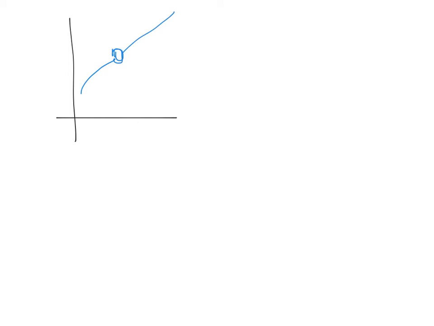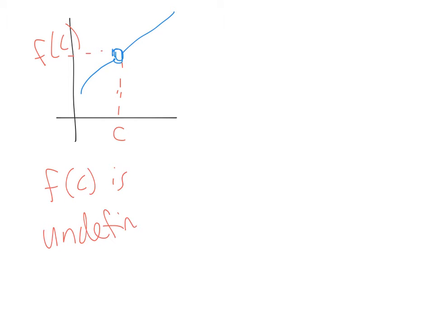Well, whatever the C value is there, this y value, f of C, is not defined. So f of C is undefined. If that's undefined, it's not continuous. That was one of the caveats.